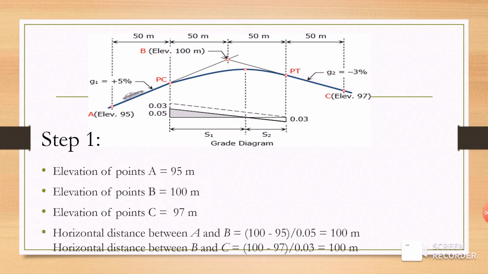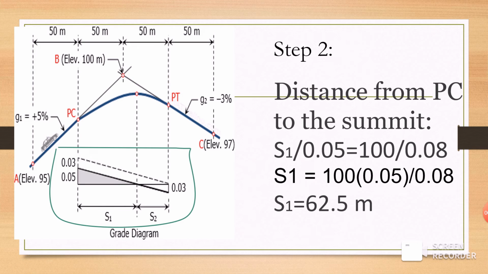To determine the elevation of the summit of the 100 meter parabolic vertical curve to connect the grade lines, we will get first the S1. Since the grade slope is directly proportional to the distance, the grade at PC is 5% and the grade at PT is 3%. Then the grade of the summit is 0.